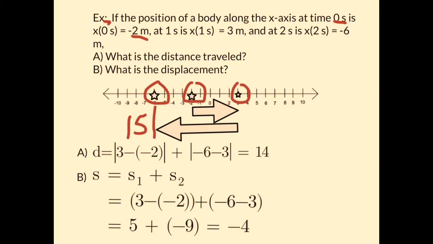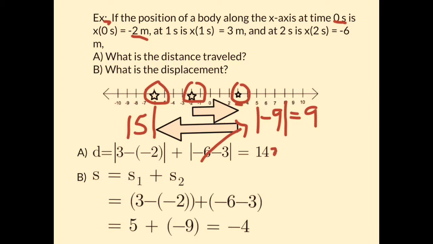For the second leg, the change in position is final minus initial, or minus 6 meters minus plus 3 meters, or minus 9, which has a magnitude of plus 9. This gives us a distance, or a total path length, of 5 plus 9, which is 14.